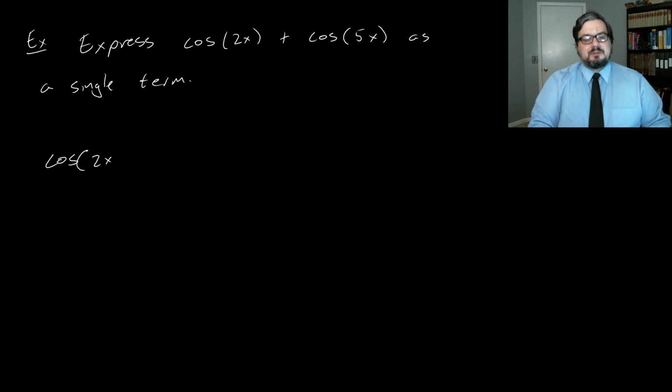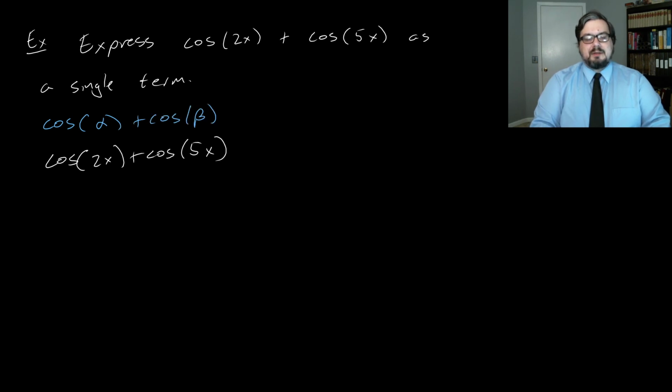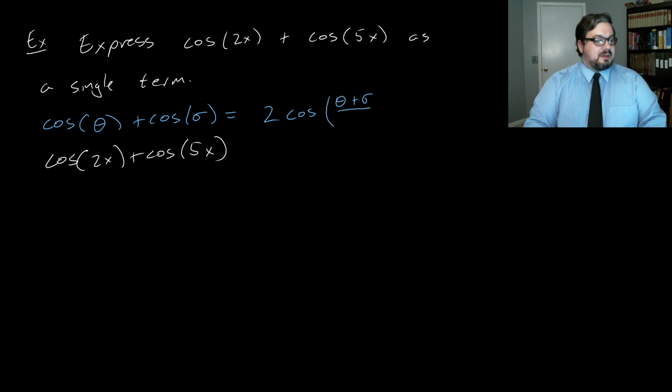Well, we've got cosine of 2x plus cosine of 5x, and we can recall our formula. We've got that cosine of theta plus cosine of sigma is equal to 2 times cosine of theta plus sigma over 2 times cosine of theta minus sigma over 2.